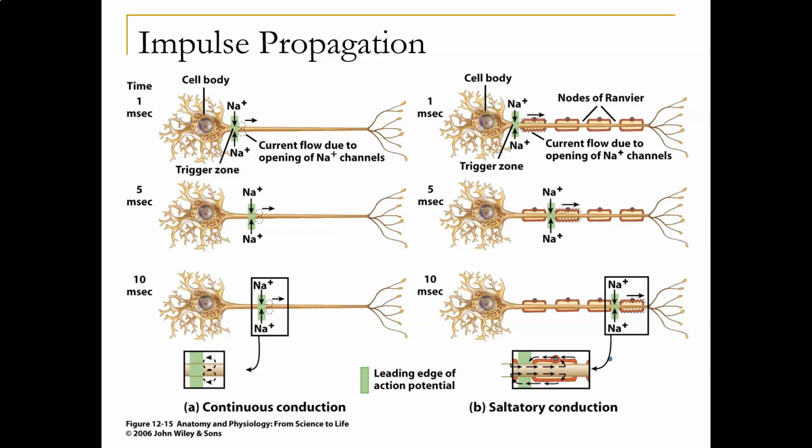And so it's faster. So the two main functions of the myelin sheath are to increase the rate of the action potential, not the strength, but how fast it moves. And also, if you damage this axon, they can help repair it. That's their other function.